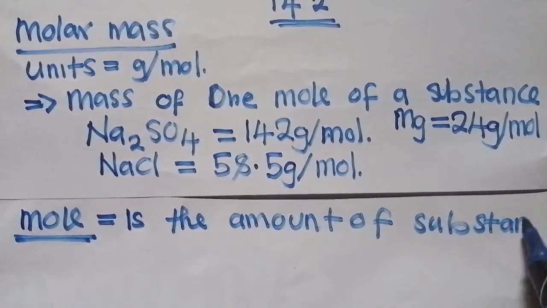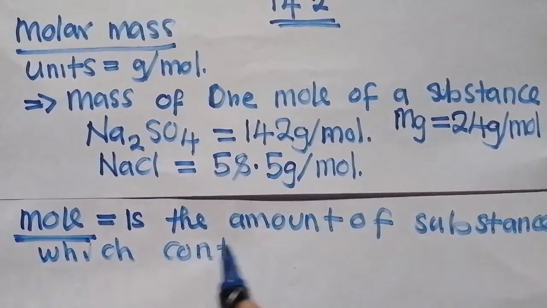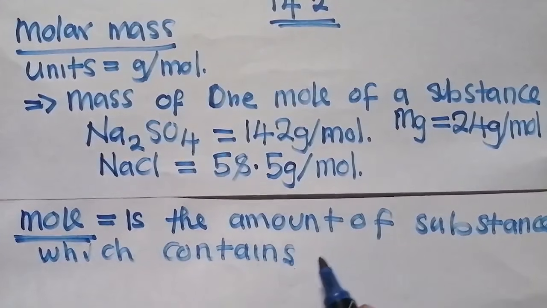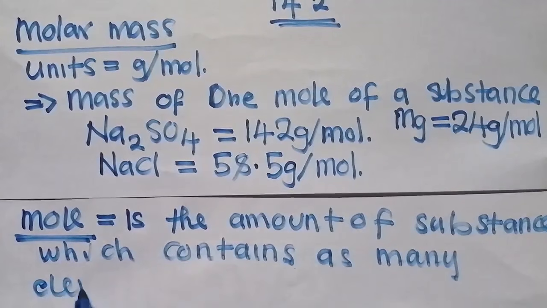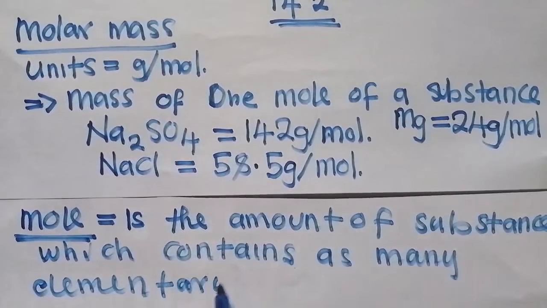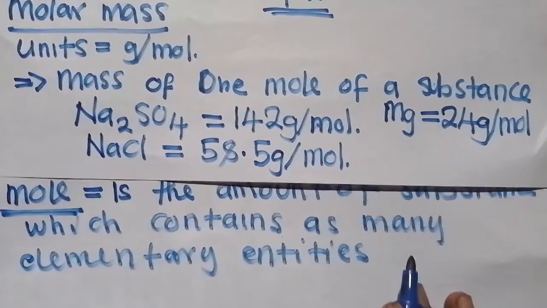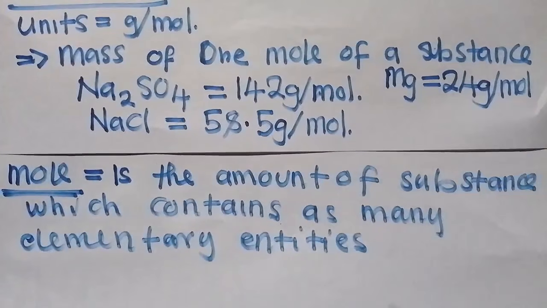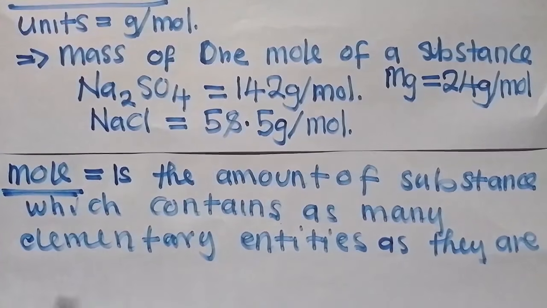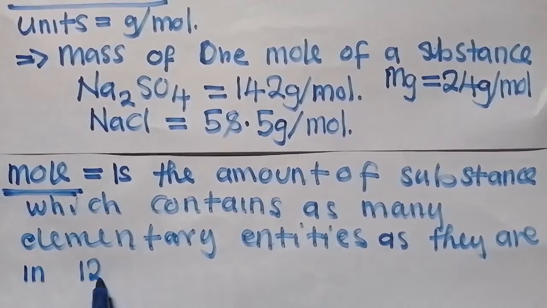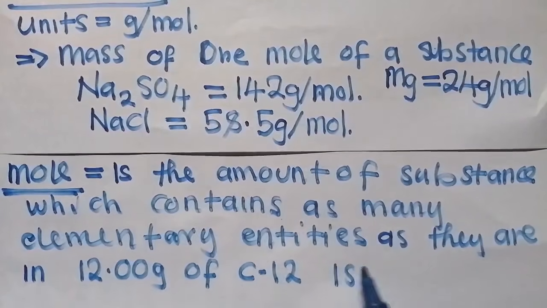The amount of substance which contains as many elementary entities as they are in 12.00 grams of carbon 12 isotope.